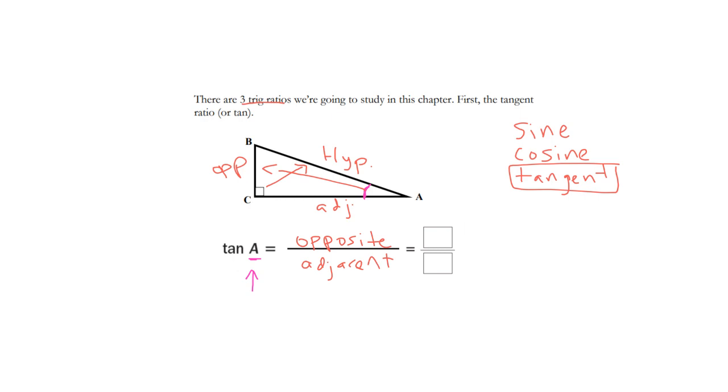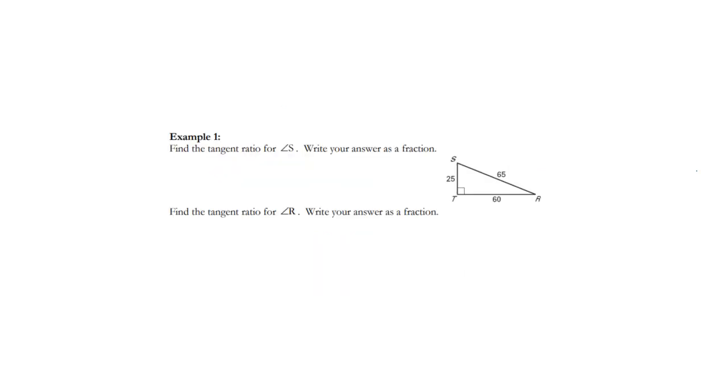Tangent is always opposite in the numerator, adjacent in the denominator. And so the opposite side here is BC, so segment BC would go here if we knew the length of that. And the adjacent side is CA, and we'd put the length of that in the denominator. Now let's look at some examples because it's going to help you understand why we're doing this.